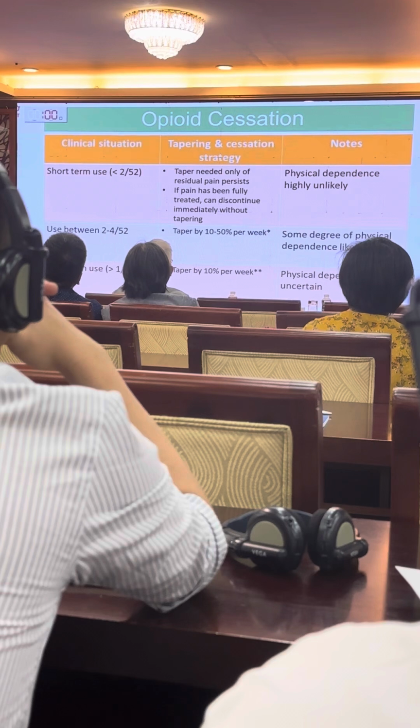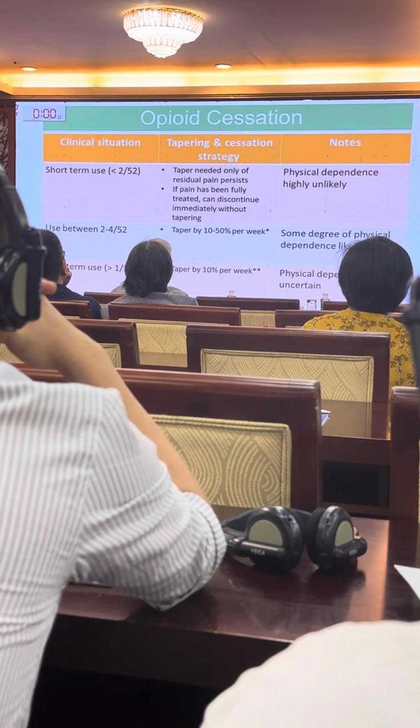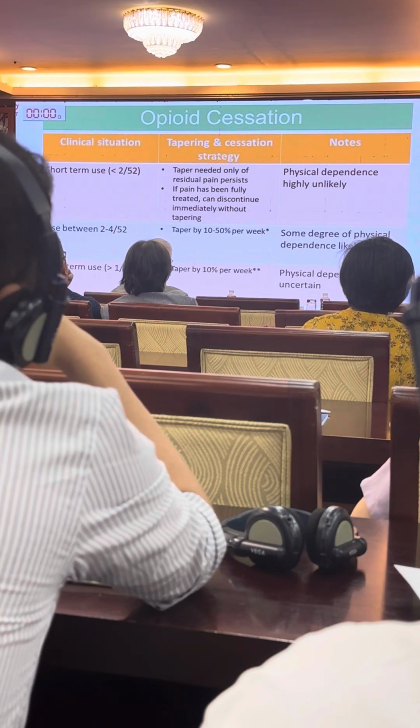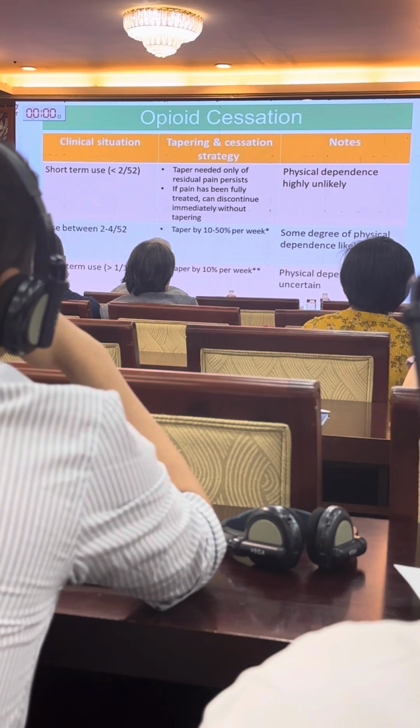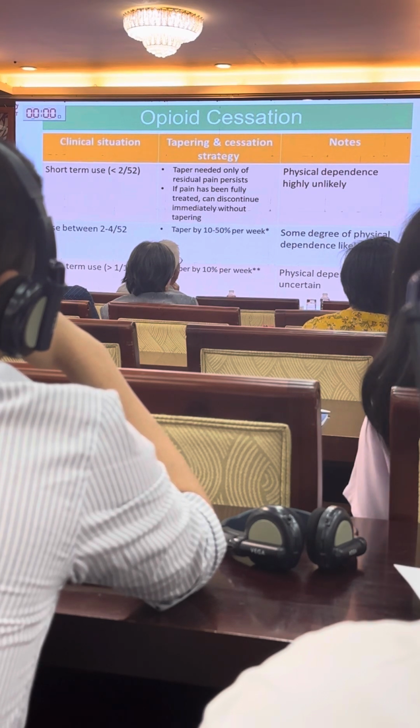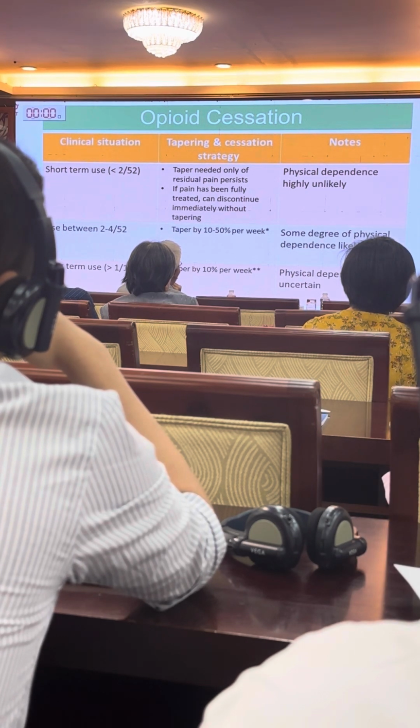If you have to decrease or stop morphine in any patient, you have to be careful of possible withdrawal effects. For patients using morphine for less than 2 weeks, you can stop right away.